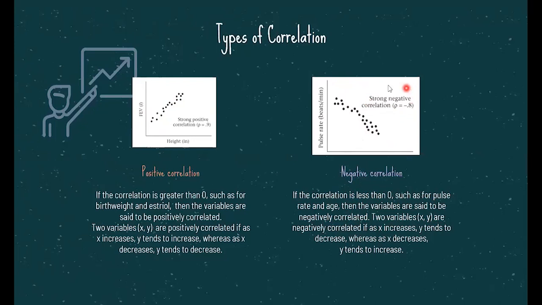So there is a strong negative correlation in these cases. A strong positive correlation is indicated by rho equal to 0.9. Here a strong negative correlation is indicated by rho equal to minus 0.8. So positive and negative is shown by the sign of rho, and the magnitude shows the strength of correlation. Strong correlation is shown by 0.9, 0.8, etc.